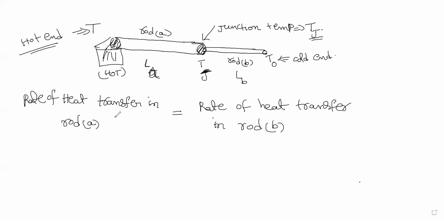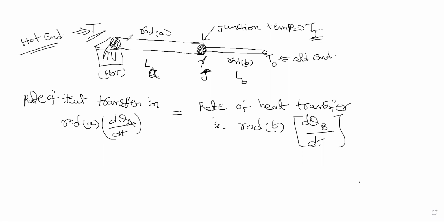Now, the rate of heat transfer we call dQ by dt, so dQA by dt equals dQB by dt. Clear? This part is done. Now, you tell me what happened to rod A. With respect to rod A, this is the hot end, T, and the junction is the cold end.